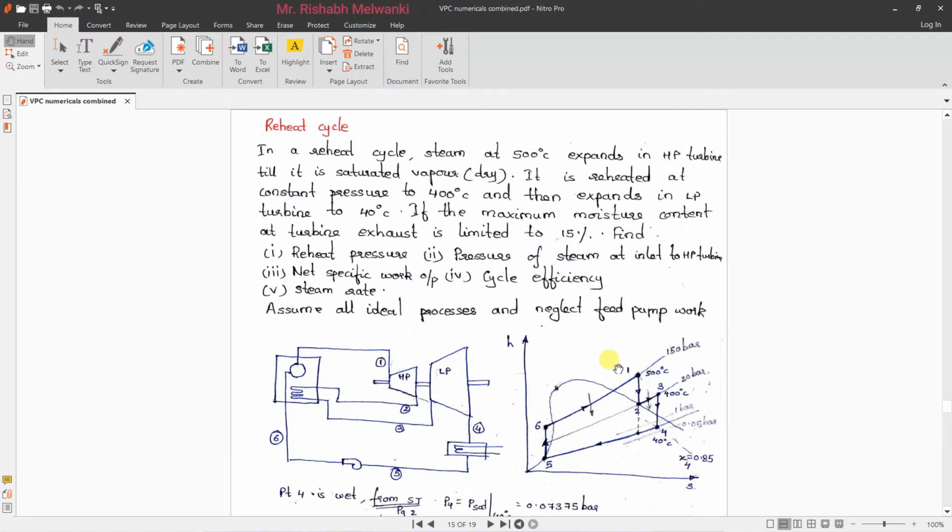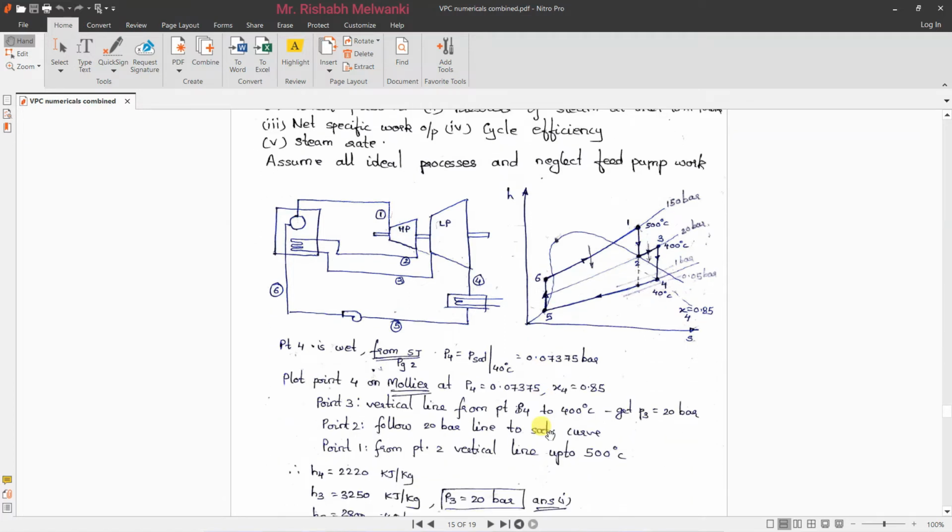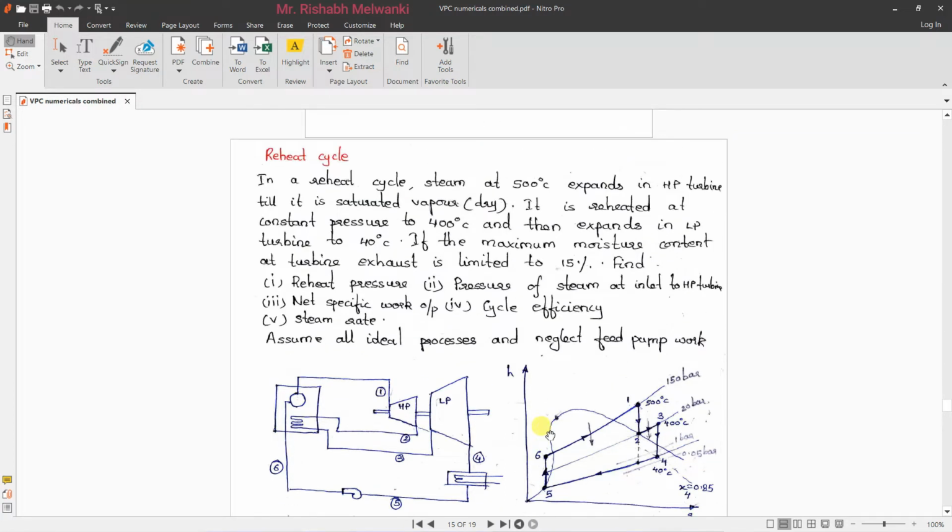So how this is calculated is basically we first find the enthalpy of all the points 1, 2, 3, 4, 5, 6. Then what will be the turbine work? It will be H1 minus H2 plus H3 minus H4. What will be the pump work? It will be H6 minus H5. What will be the total heat supplied?